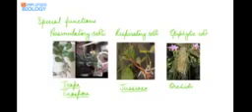Next, modification of adventitious roots to perform special functions. First, assimilatory roots. In this, the roots become green in color, carrying out the function of photosynthesis, or they carry out carbon dioxide assimilation.